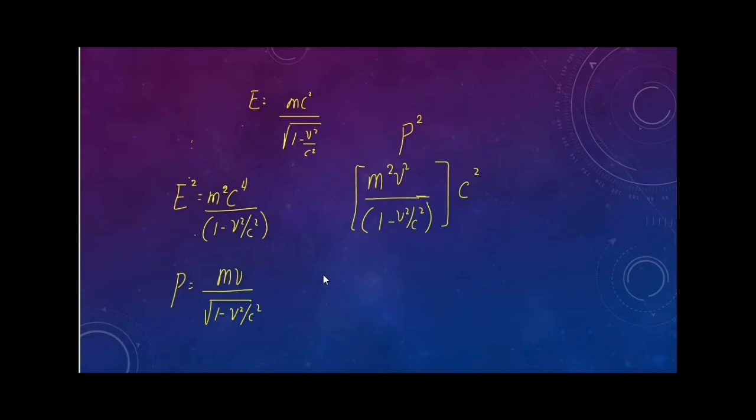So looking at this equation, let's take a look at E squared minus p squared c squared. Let's try to subtract the expression p squared c squared from the total energy squared. Okay, let's continue on the next slide.